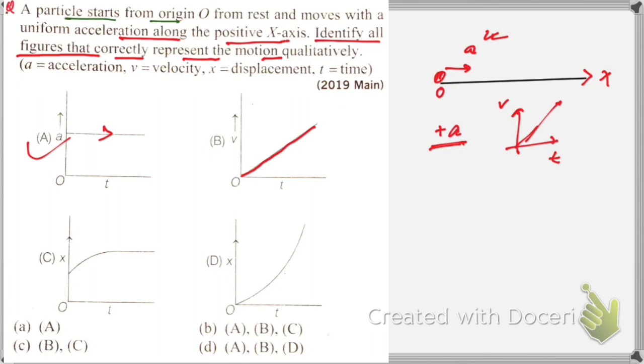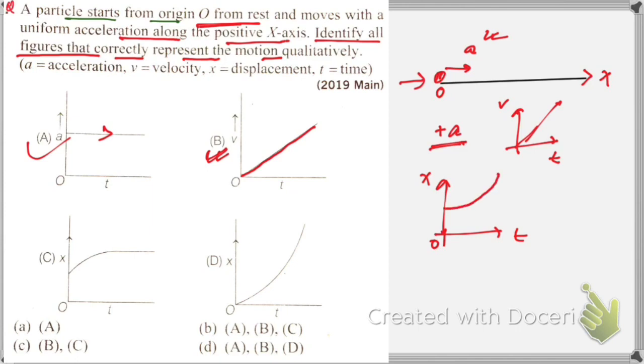This velocity and time graph also represents this motion. And also we have seen that the position and time graph for positive acceleration, if the initial position is from the origin, is of this shape.